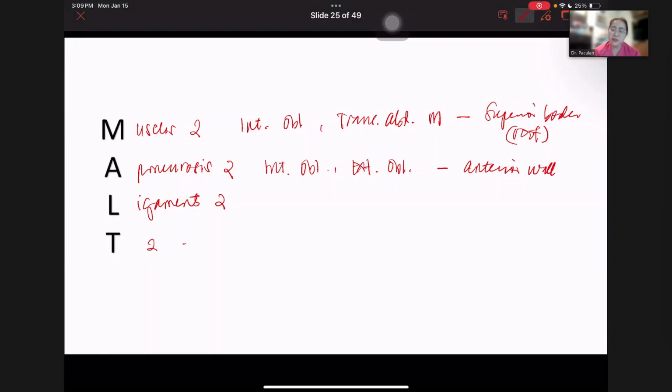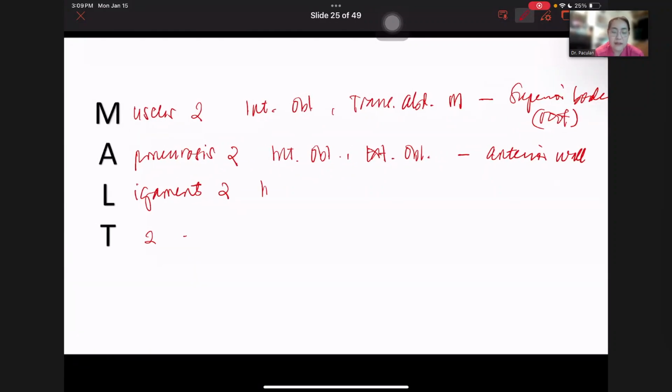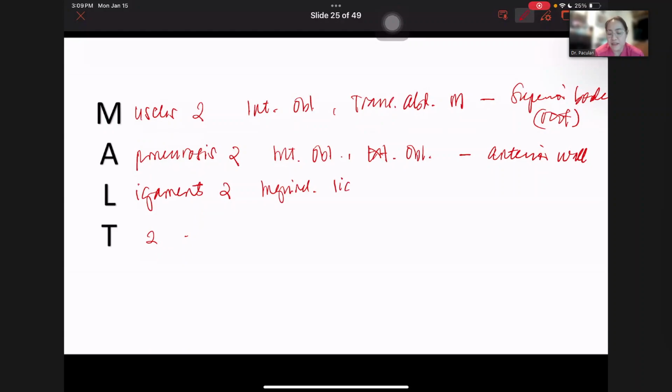Once you memorize this, you would have the idea. It would be easy, but this one is kind of confusing, the inguinal area, inguinal ligament. So two L's, two ligaments: your inguinal ligament and your lacunar ligament.